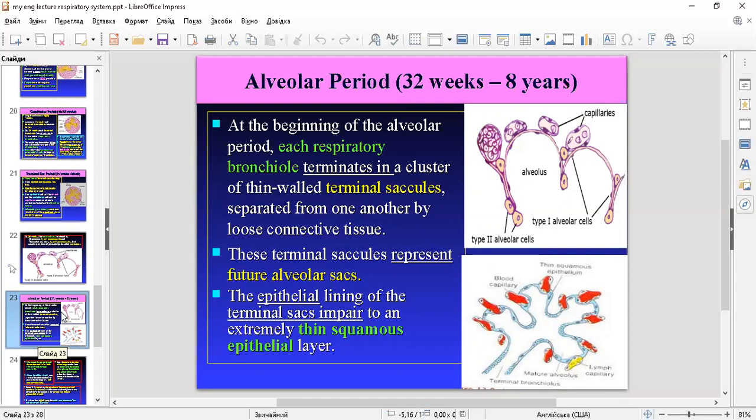These terminal saccules represent future alveolar sacs. The epithelial lining of the terminal sacs thins to an extremely thin squamous epithelial layer.